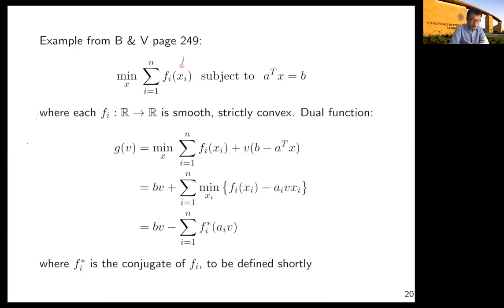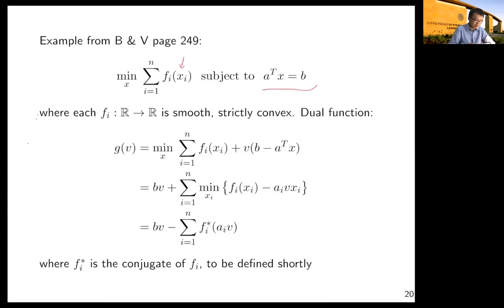We want to solve this subject to an equality constraint. Notice that if we did not have this constraint, this problem would be trivially solvable. We can basically minimize each f_i separately. But this equality constraint couples everything together.